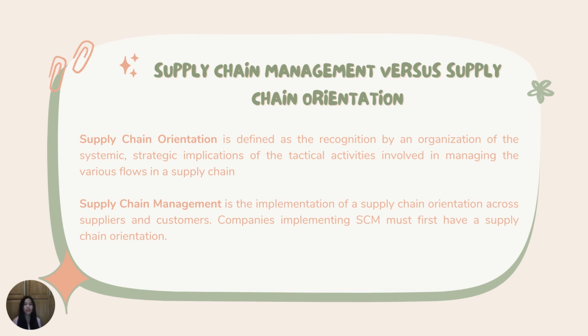Companies implementing supply chain management must first have a supply chain orientation. In other words, a supply chain orientation is a management philosophy, and supply chain management is the sum total of all the overt management actions undertaken to realize that philosophy.